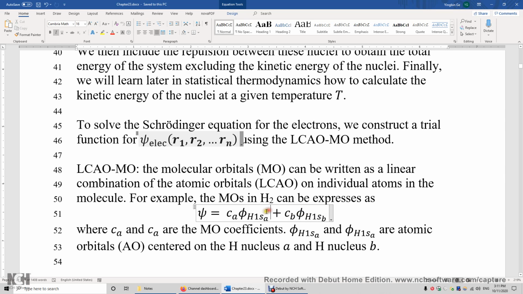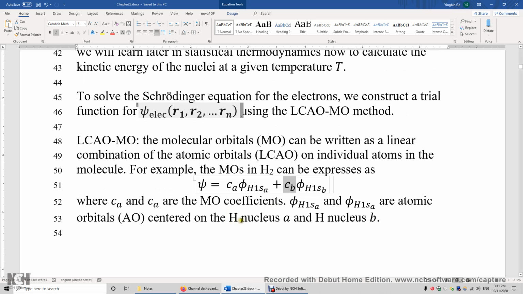This one is the 1s atomic orbital centered on nucleus A, and over here you have the 1s atomic orbital centered on nucleus B. Ca and Cb are the molecular orbital coefficients. They're numbers. They can be real numbers, they can be complex numbers.